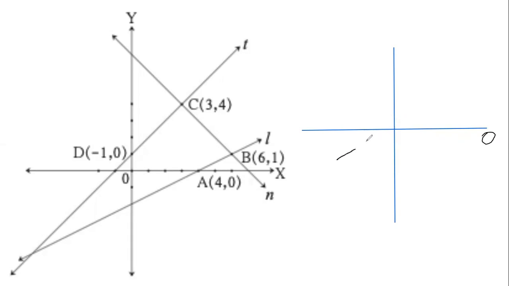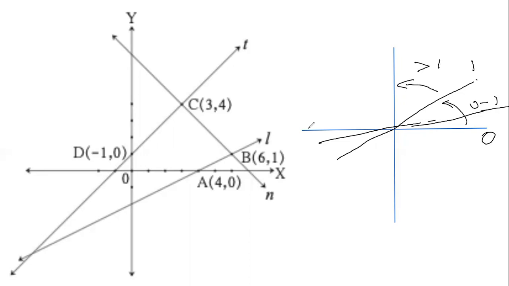The slope of this line, beta, is 1. The slope of the line which is here is something between 0 and 1. From here to here, it is more than 1. But all these lines have a positive slope, 0 or a positive slope.